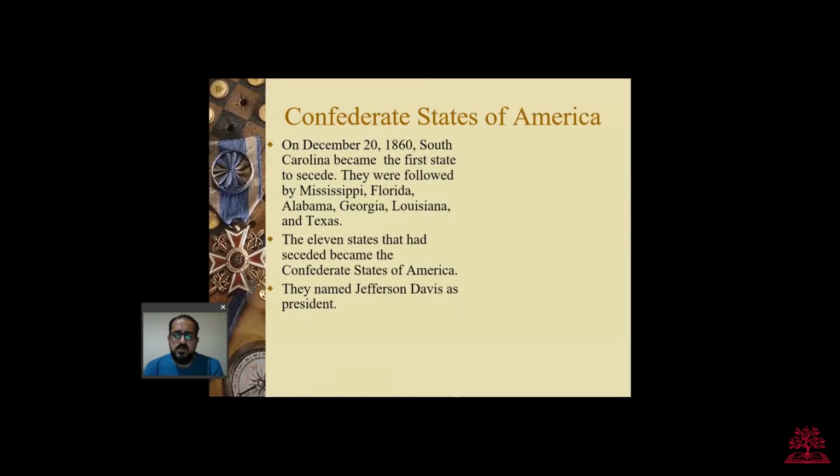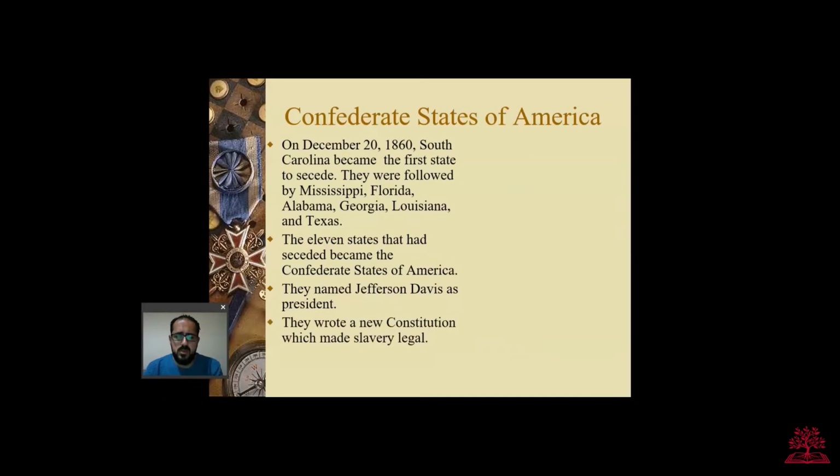They named Jefferson Davis as president. So right now we have two countries. One of them in the north, the Union, and the president was who? Do you remember? Abraham Lincoln. And the South seceded, 11 states, and they formed the Confederate States of America, and they elected Jefferson Davis as president.